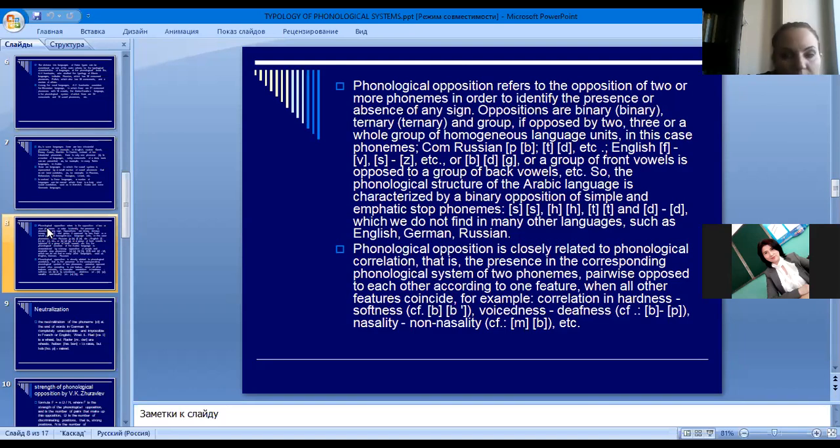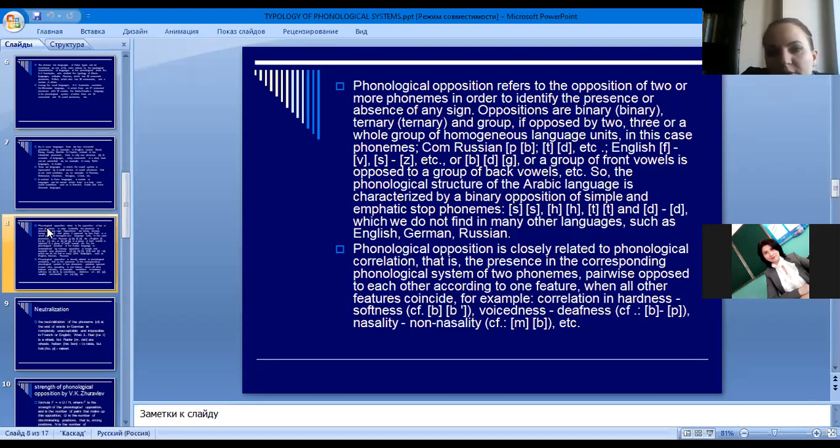Oppositions are binary when we speak about two elements, ternary or tertiary when we speak about three elements, and group if opposed by 2, 3, and whole groups of language units. In this case, for example, phonemes in the Russian language, the b to d pair of phonemes can be compared, and this will be binary opposition.